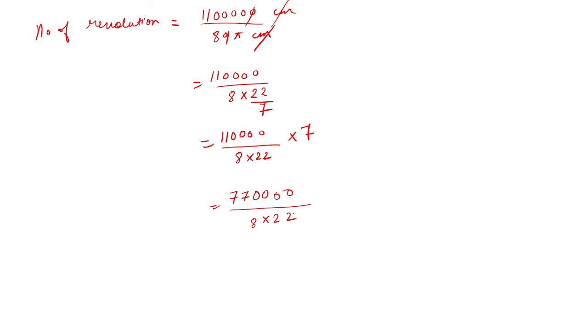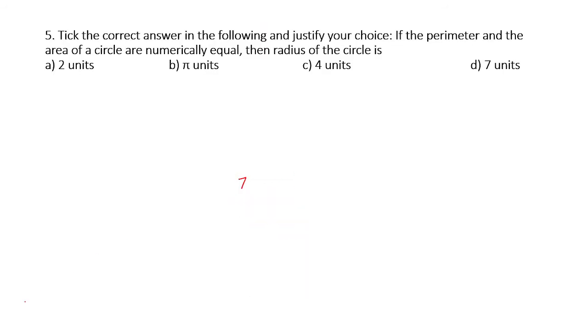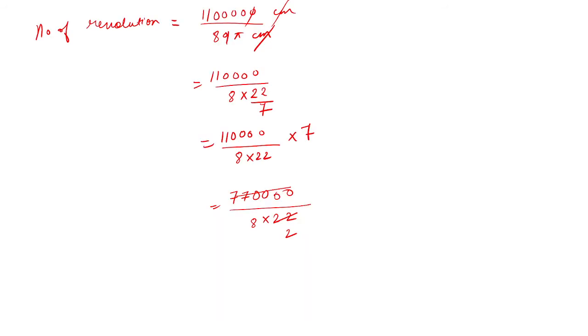So this will become 77 times 10,000 divided by 8 into 22. Clear? Now you see, 11 twos are 22, and 11 sevens are 77. Then divide again.